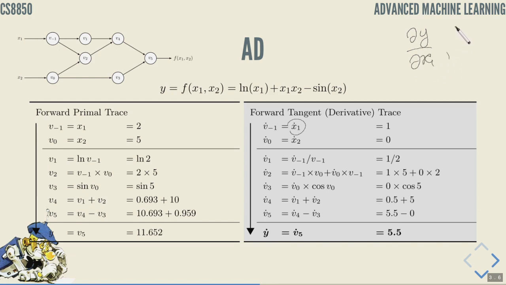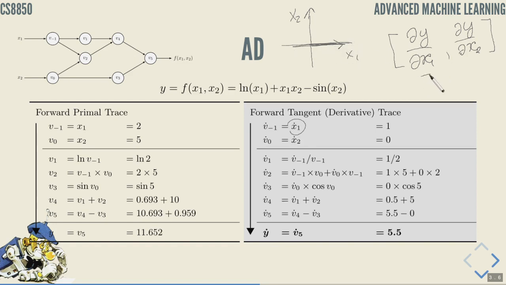Our Jacobian consists of two elements. And so think of a basis in which this Jacobian lives, right? We have x1 and x2. So right now we're computing the derivative along this dimension, right?